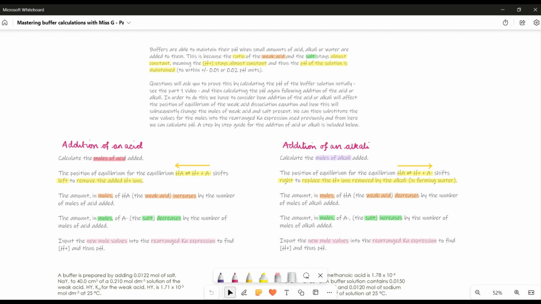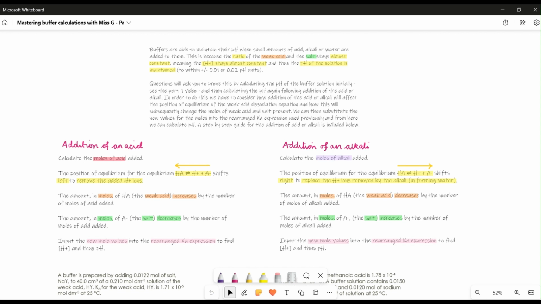Now, it may change ever so slightly, i.e. within plus or minus 0.01 or 0.02 pH units, but the ratio of the weak acid and the salt stays almost constant, which means that the hydrogen ion concentration also stays almost constant, and thus we can say that the pH of the solution is maintained.